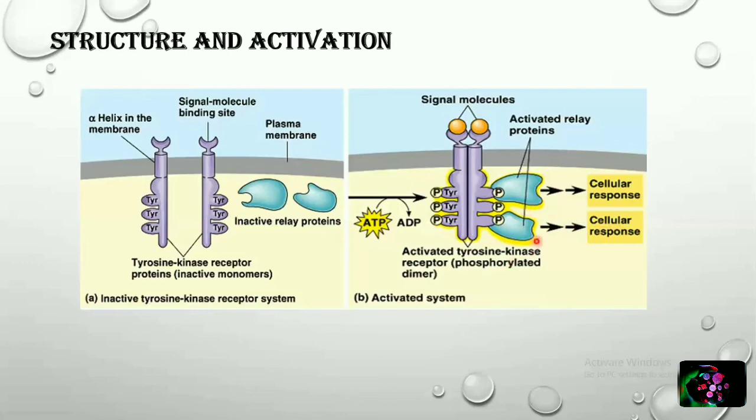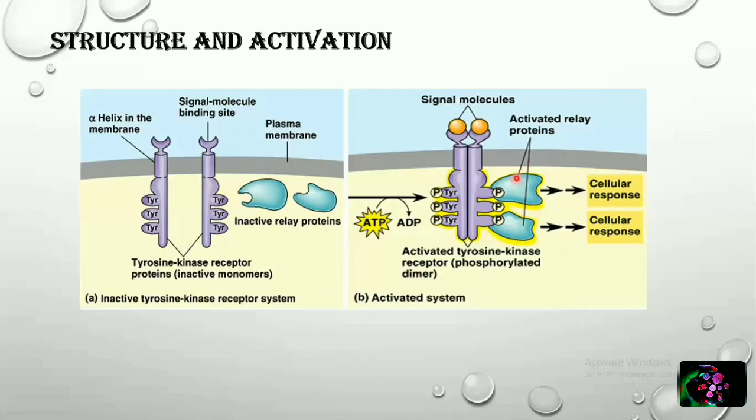In this protein tyrosine kinase, the most important part is that one receptor tyrosine kinase can activate more than 10 different responses, which provides a way for the cell to regulate growth.